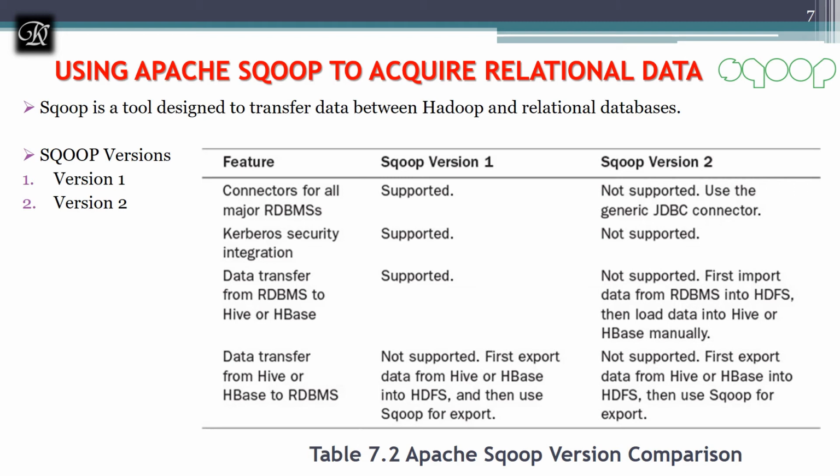Why? Because in version 1 they were giving direct communication between HDFS and RDBMS, but in version 2 they are not doing this. They are not going to give access to direct communication. That has to be done via Hive or using HBase. Before, that was not the case.